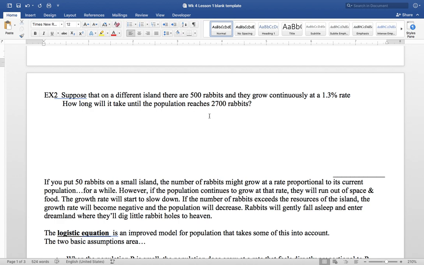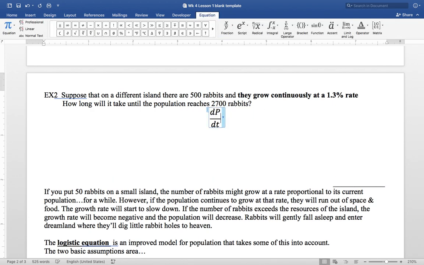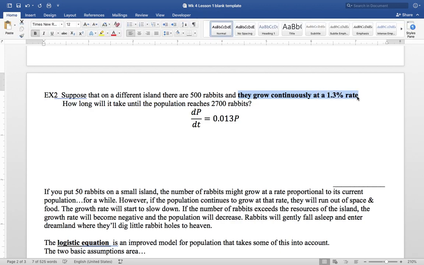Well, this sentence here is telling you that P, the population, satisfies the differential equation dP/dt is equal to 0.013P. That's what it's saying. The rate of growth is equal to 1.3% of the current population.